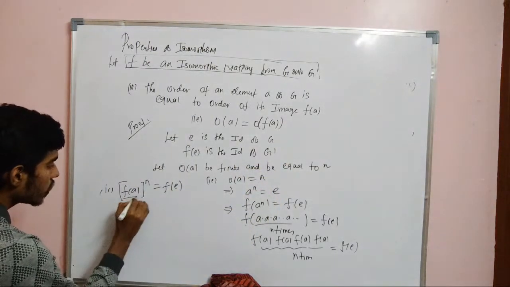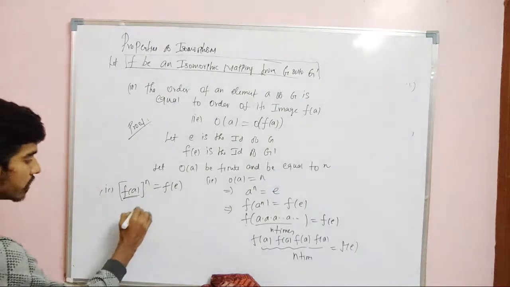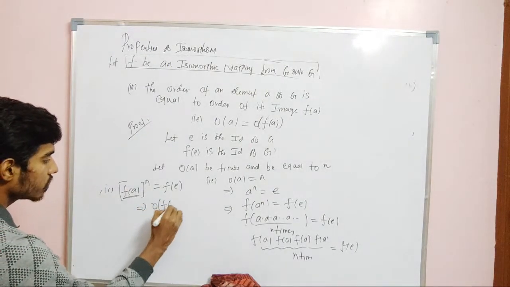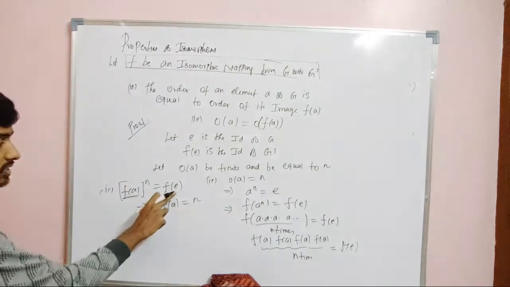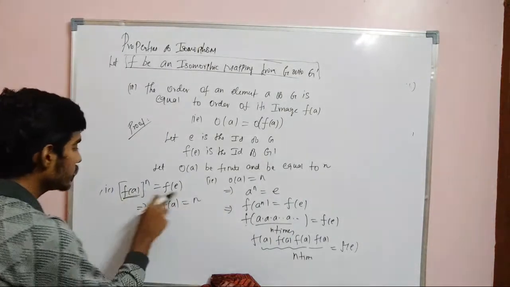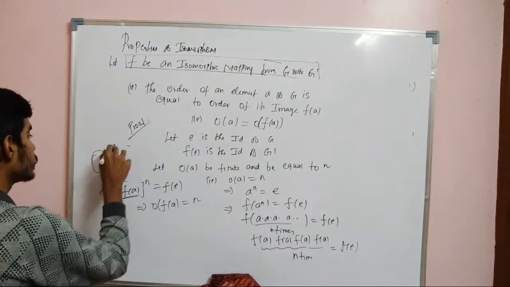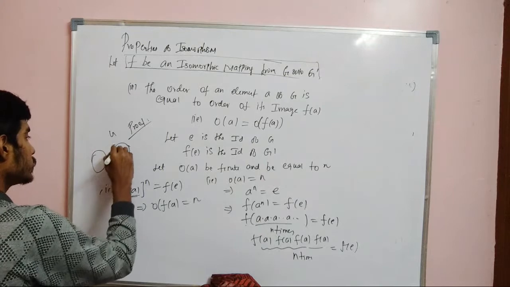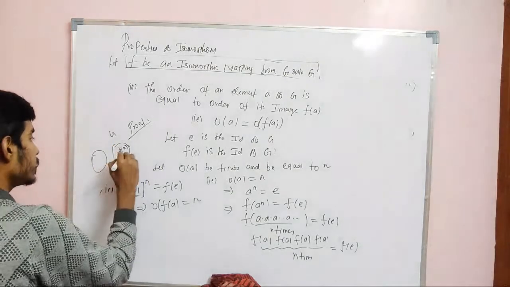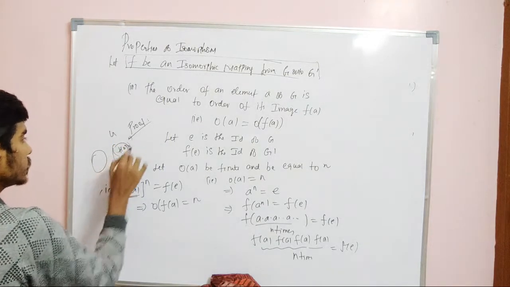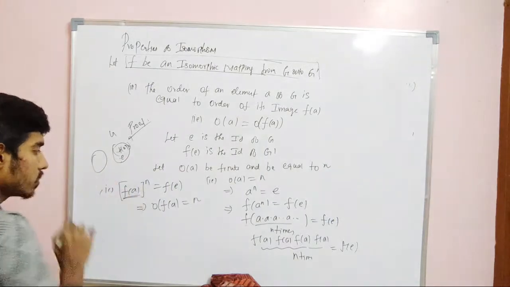What can I say about the order of f of a? It is also equal to n, because f of a raised to this power gives me the identity element, that means the order of f of a is n.